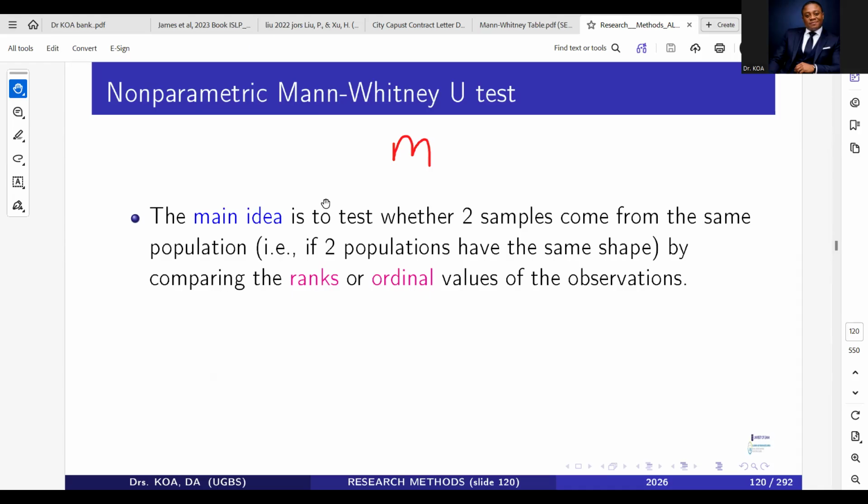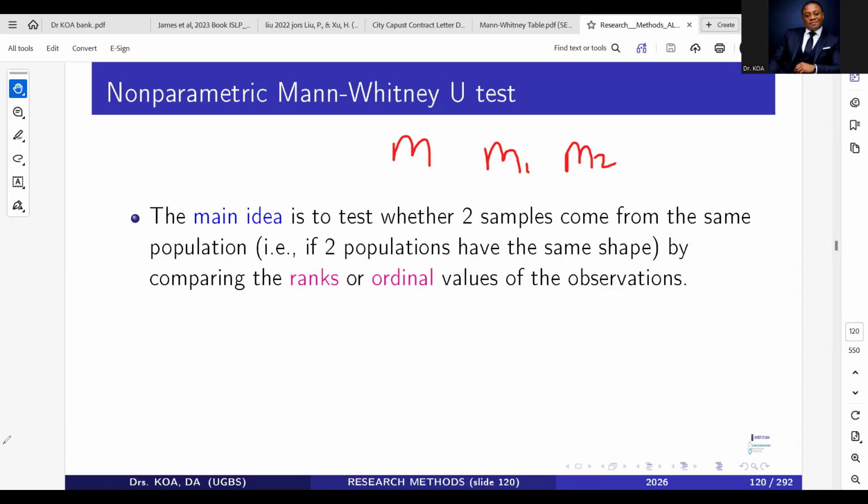But because the samples are 2, it will have M1, which is the median for the first group, and M2, which is the median for the second group. Remember, Mann-Whitney U-test is also called the Wilcoxon rank sum test. The best thing you can be doing is to be writing a lot.